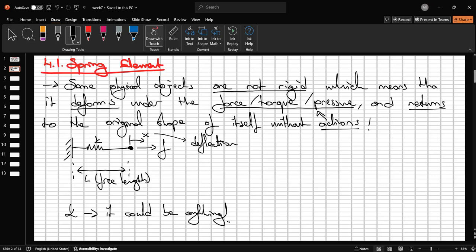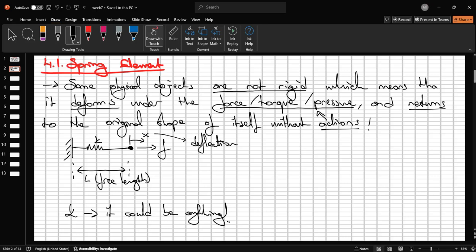K must be a spring, but I can model this sweatshirt as a spring, right? Because I can push, and if I release, it returns to the initial position.